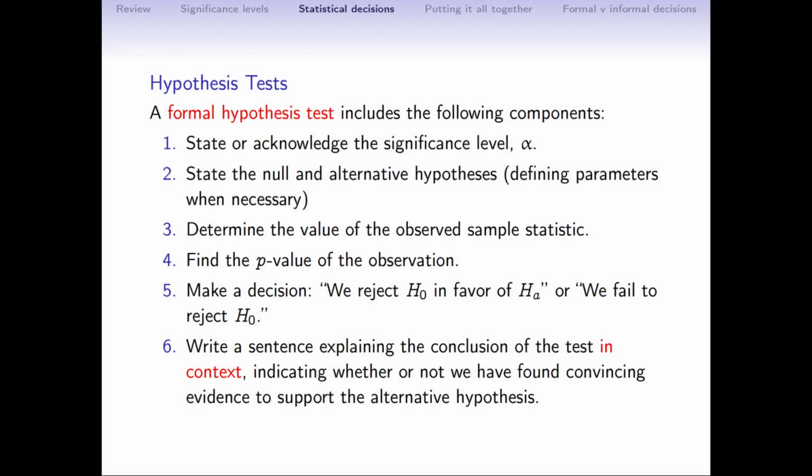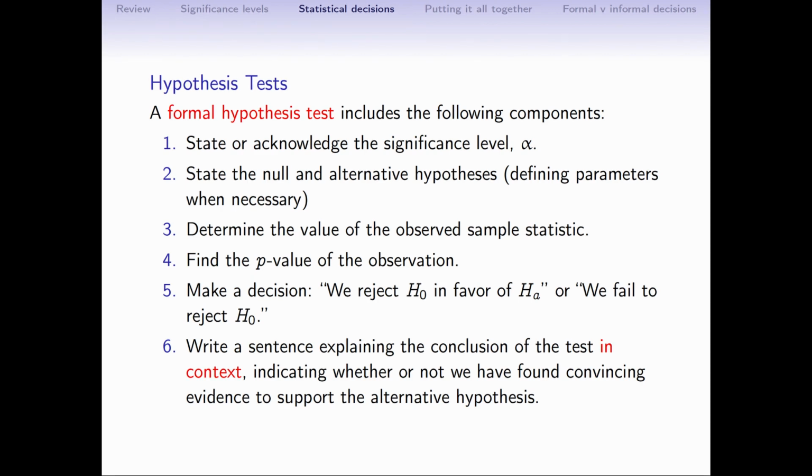Step four, find the p-value of that observation. Step five, make a decision. We reject H0 in favor of the alternative, or we fail to reject H0. Finally, write a sentence explaining the conclusion of the test in context, indicating whether or not we have found convincing evidence to support the alternative hypothesis.